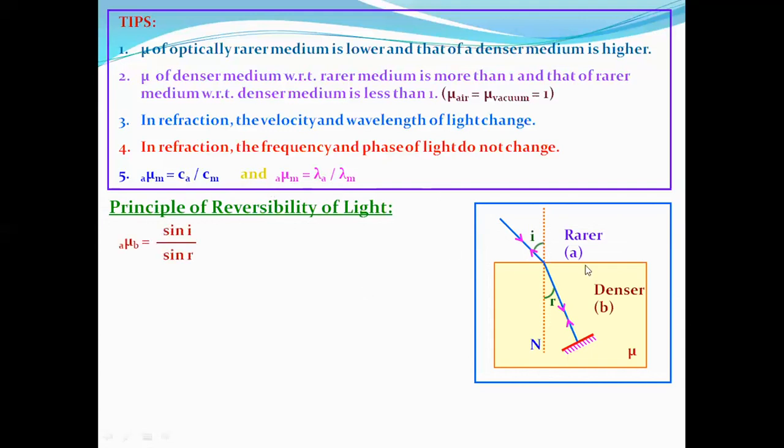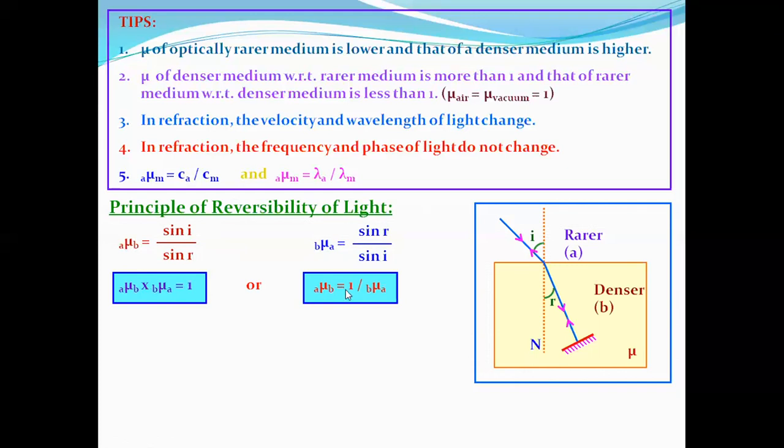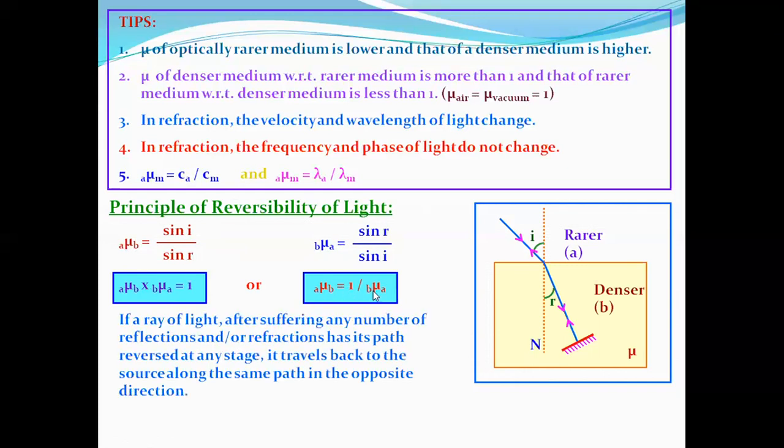This is the incident angle, this is the refractive angle, and we know that aμb is equal to sin I by sin R. So if we convert it to bμa, then it is sin R by sin I, and if we multiply these, then we can write that aμb multiplied by bμa, its result is 1, or aμb is equal to 1 by bμa. So you must memorize these kinds of formulas. That is, aμb multiplied by bμa is equal to 1.